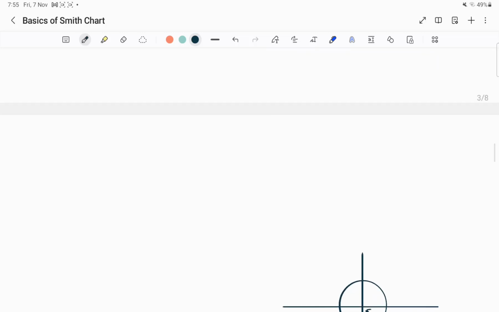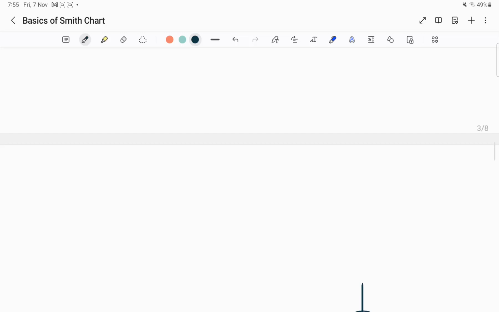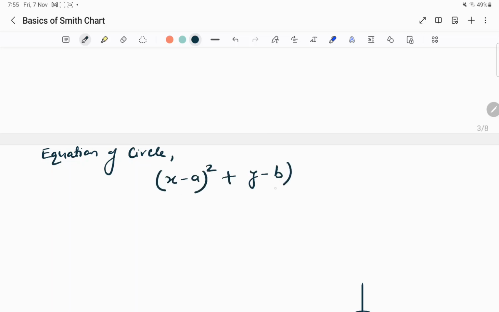Now let me do that. Now you know that the equation of a circle is (x − a) whole squared plus (y − b) whole squared is equal to r squared, where a and b are the center of the circle and r is the radius of the circle.